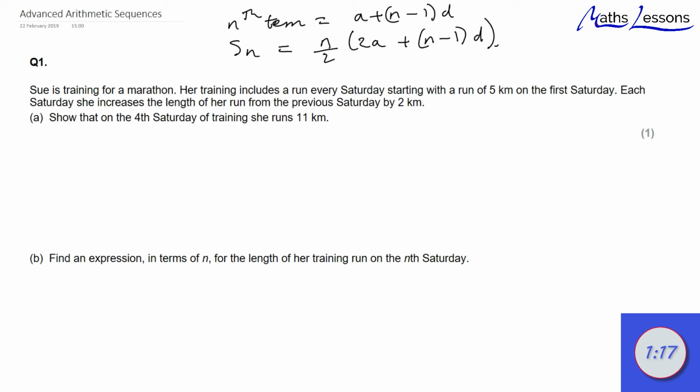At the nth term, feel free to type it into the chat because I think I've given you too much time here.